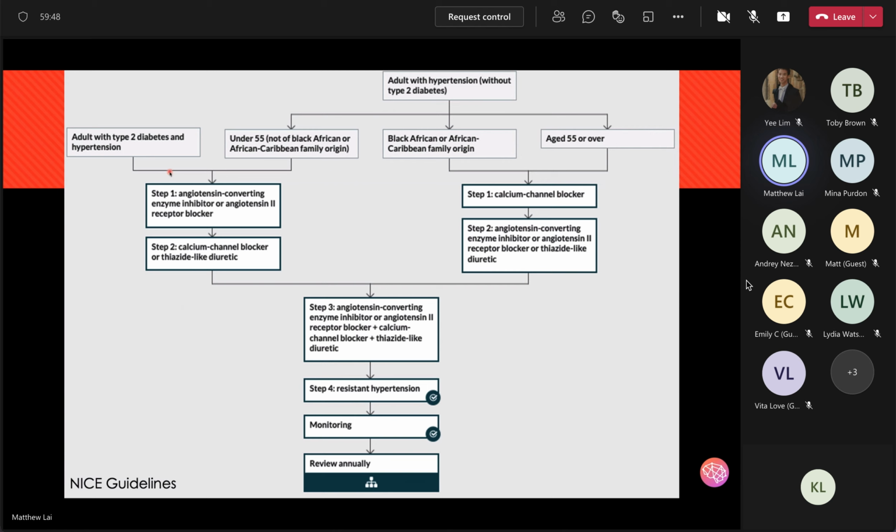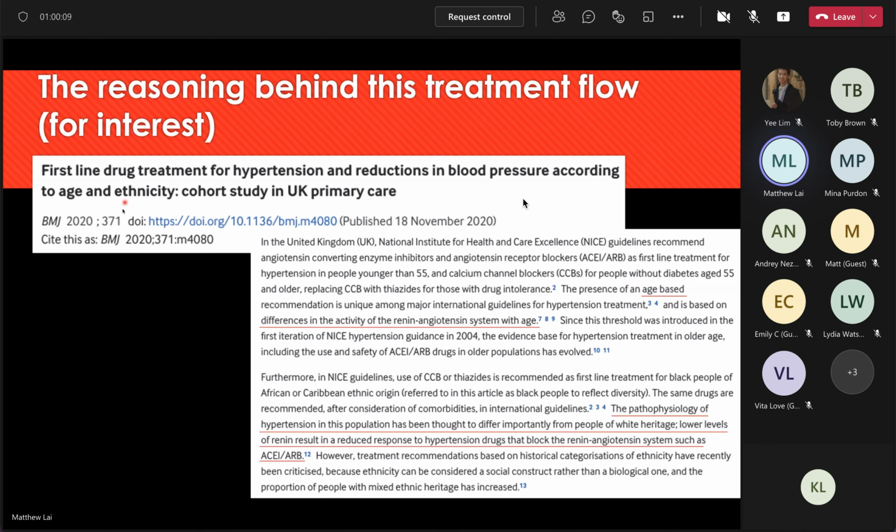But essentially, the principle is that depending on the age and ethnic background of the patient, you start with a different set of medications because studies suggest that some medications might work better for some patient groups than others. And this is just a paper that goes into the guidelines and discusses it at length. So if you're interested or want more sort of experimental evidence and perspective points, this would be where I'd go to.